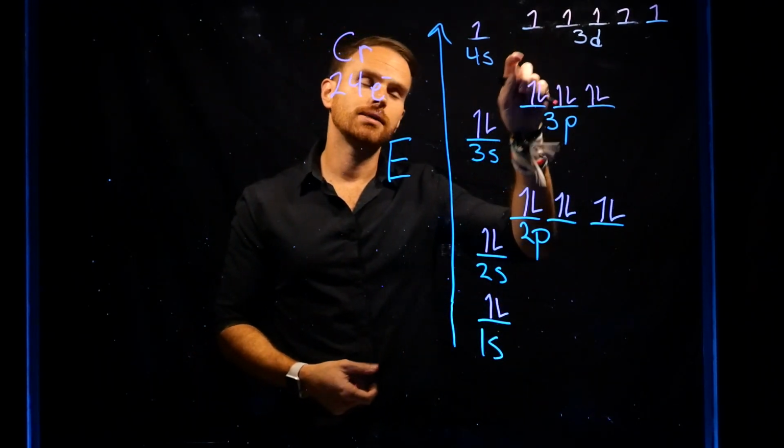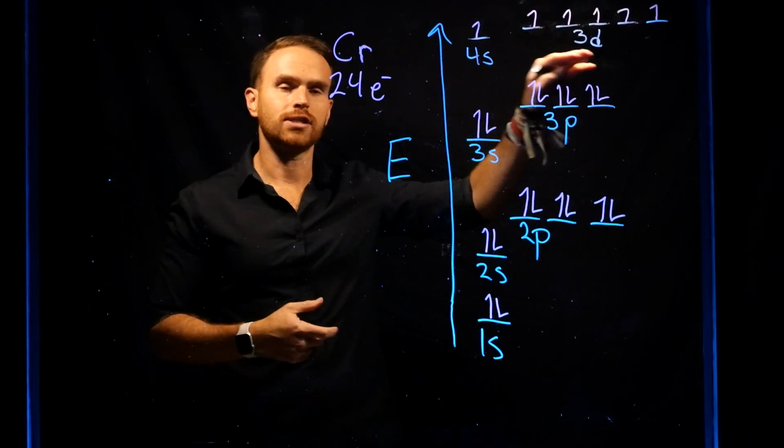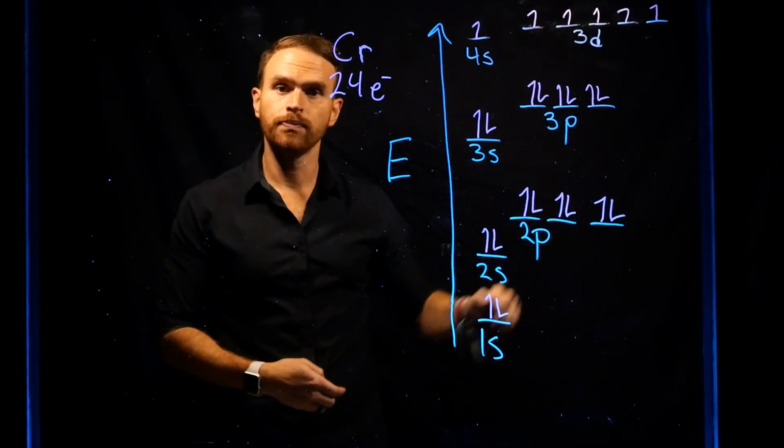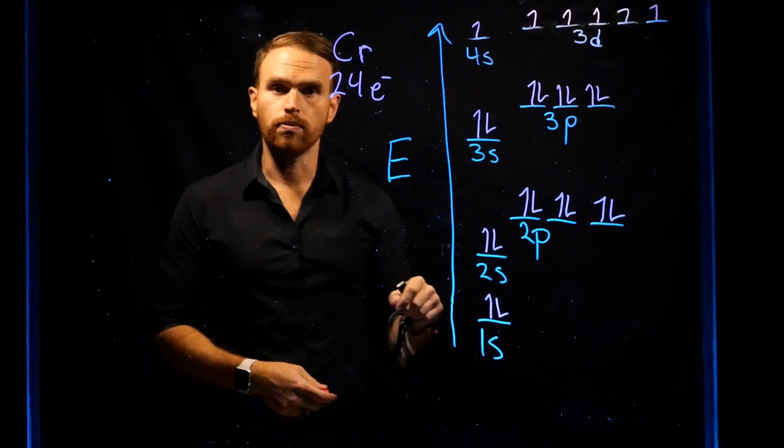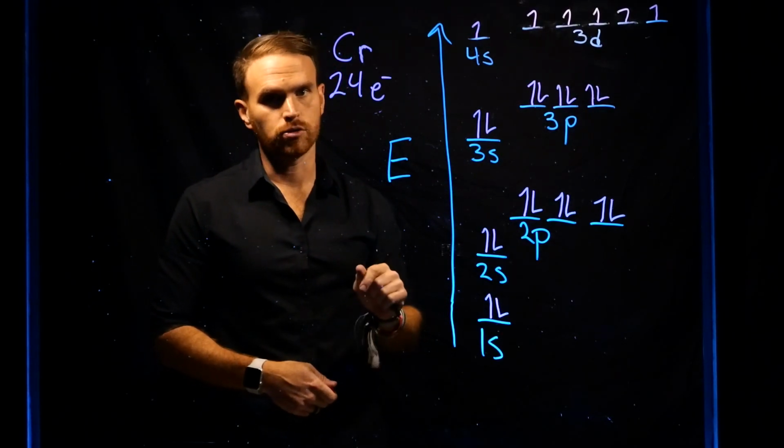And what you might be saying is, yeah, that's true, but only if they are degenerate, or at the same energy level. Well, as I just mentioned, the 4s orbital and the 3d orbital are actually very, very close in energy.